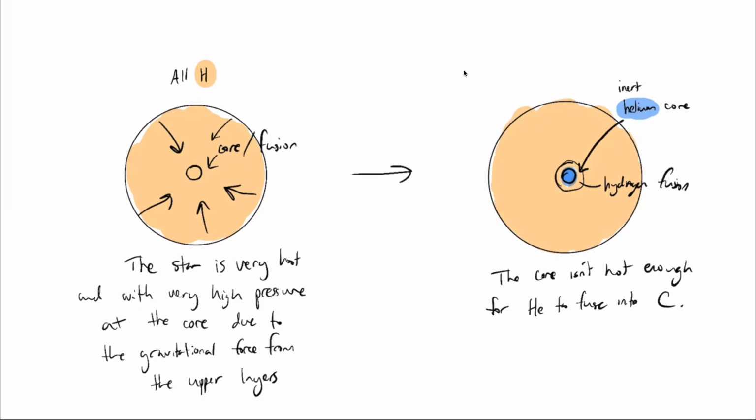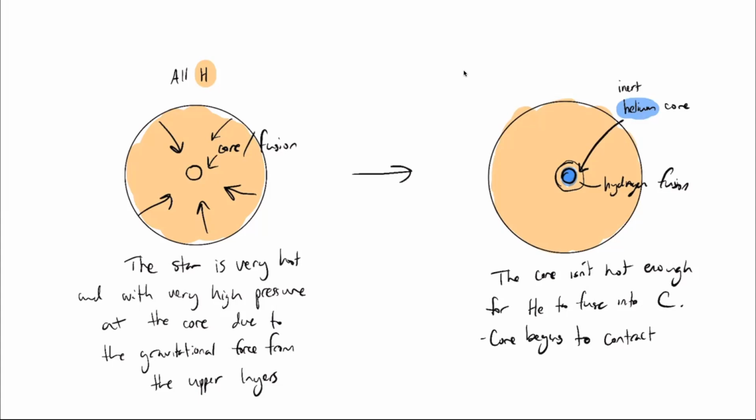So the core begins to contract, because it no longer has the ability to push as much on the outer layers. The gravity starts to win.